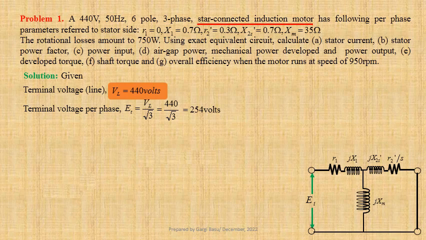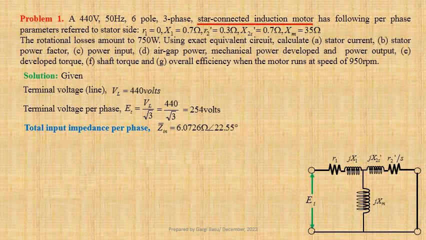We have computed total input impedance per phase Zin equals 6.0726 ohm at an angle 22.55 degree. Now we shall calculate stator current per phase. I1 equals ET divided by Zin.